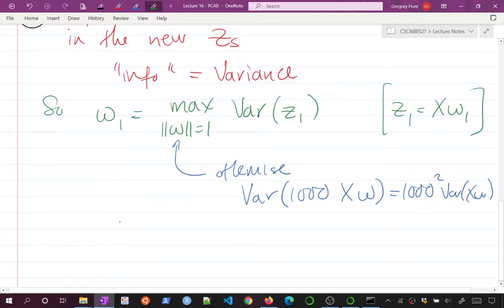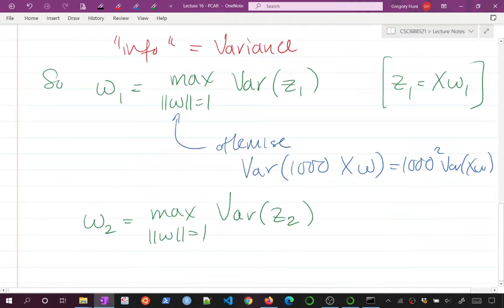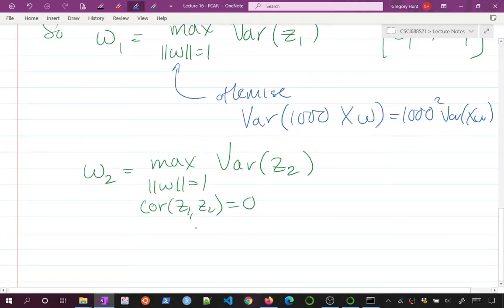The more interesting constraint is that our second weight vector is basically going to solve the same problem, where it's going to maximize the variance of Z2. So it's going to choose some weight vector W that's a unit vector to maximize the variance of Z2, subject to the constraint that the correlation between Z1 and Z2 is 0. This constraint that our Z's be uncorrelated means we don't capture the same information.